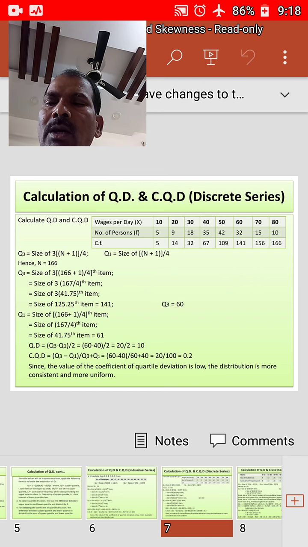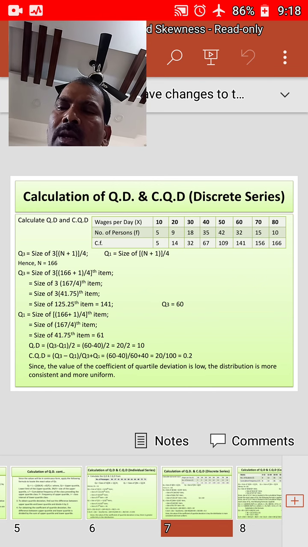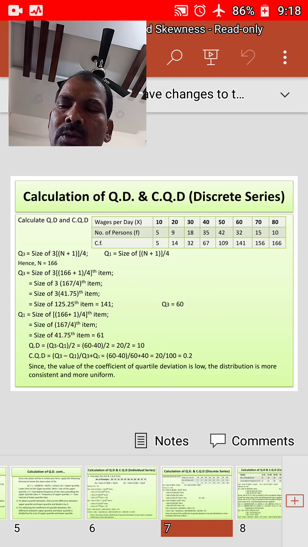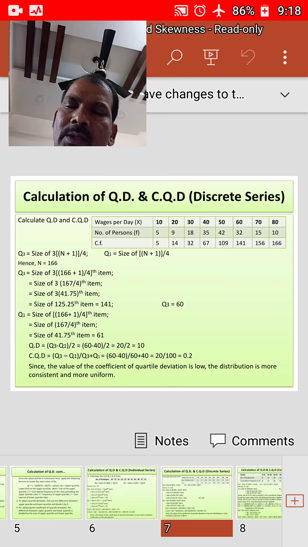Now, in order to find Q3 for brand A, first we will calculate 3 into n plus 1 by 4, we know the formula. N is equal to 200 for brand A. Size of Q3 is size of 3 into 200 plus 1 by 4, that is 3 into 201 by 4. 201 by 4 is 50.25. 3 into 50.25 is the 150.75th item.